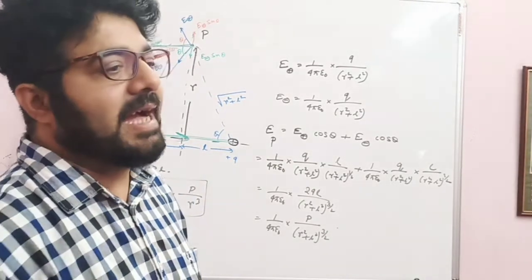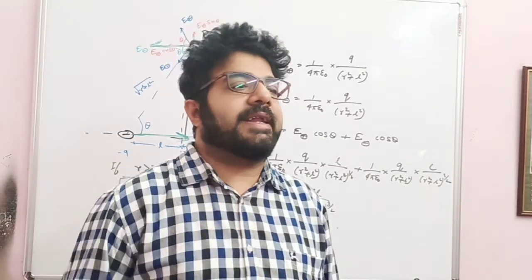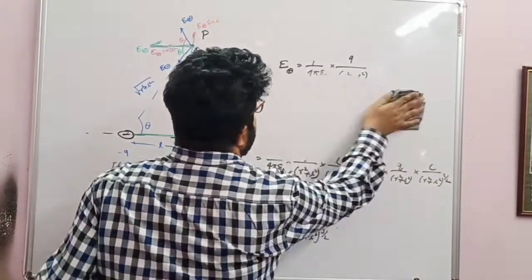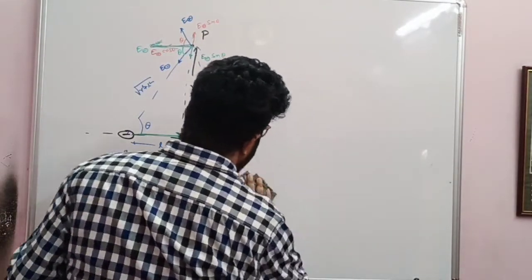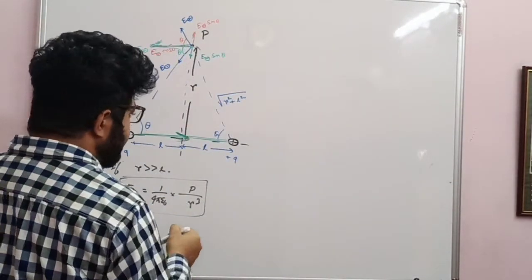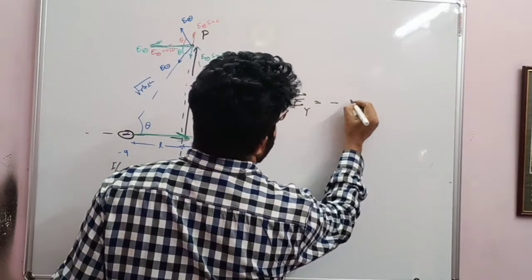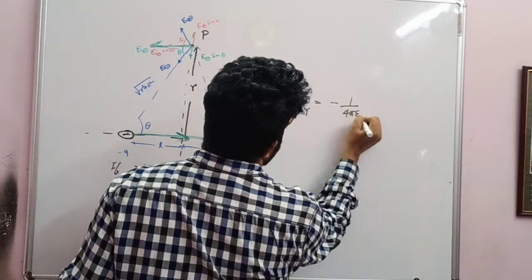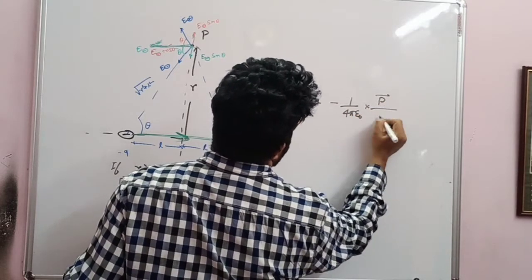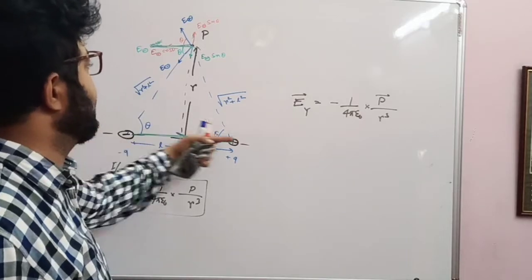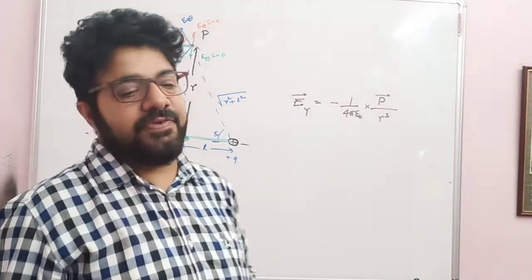I repeat, at the equatorial position the direction of the electric field is opposite to the direction of the electric dipole. So in NCERT they represent it in that manner: electric field at the equatorial position is minus 1 by 4 pi epsilon naught P by r cube. See, the vector is the opposite of the dipole. This is the dipole and this is the electric field.